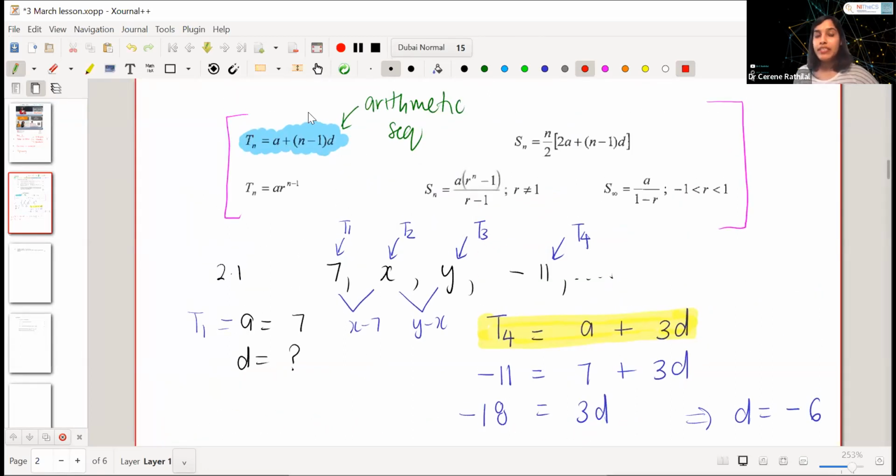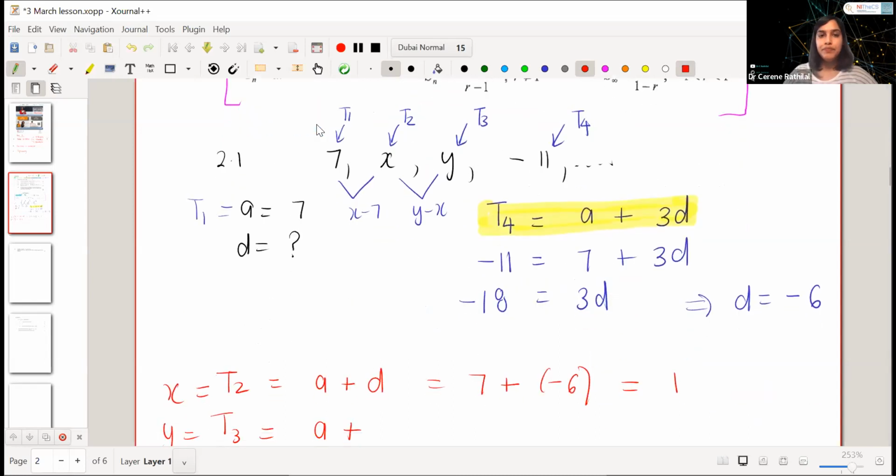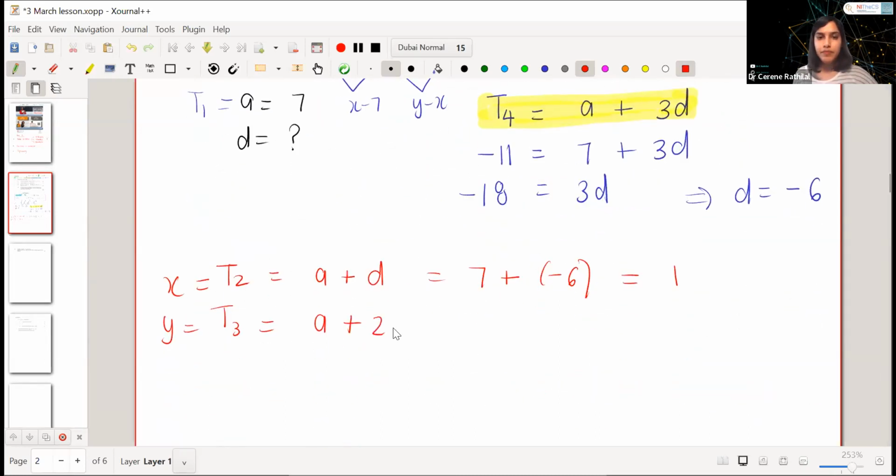So if anybody is thinking about where is she suddenly getting this from, I'm saying Tn equals A plus N minus 1 times D. So now if I want T3, it's A plus 3 minus 1, which is 2 times D. And so A was 7, and then I am adding to it 2 times D, which is minus 6. What value do you then get here? This is 7 minus 12, isn't that so?